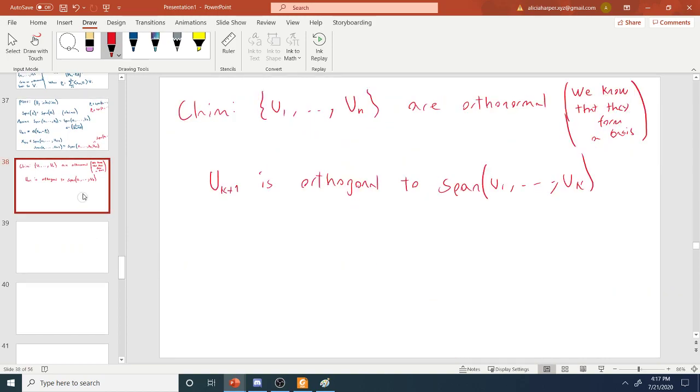So this in particular shows that uj is orthogonal to ui whenever j is greater than i. Now, for any i and j, orthogonality is a symmetric relation. So in fact, this is true not just for j greater than i, it's true for any j and i.